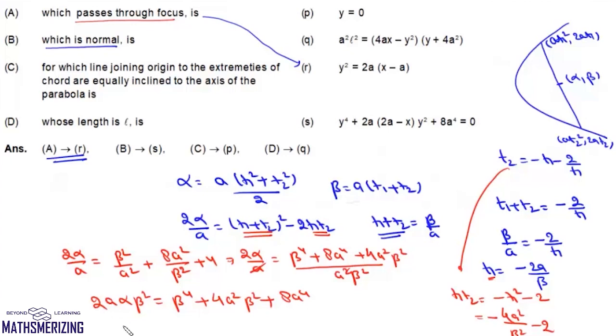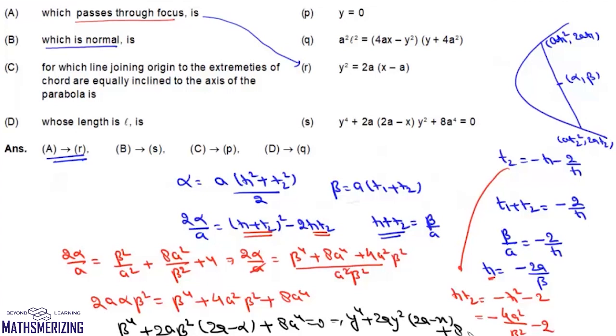Then we can write this equation as beta to the power 4, and then we'll take 2a beta square common, and we'll get 2a minus alpha, plus 8a to the power 4 equals 0. Now in the end we'll replace beta with y and alpha with x. So this equation will be y to the power 4 plus 2a y square (2a minus x) plus 8a to the power 4 equals 0, and that's your option S. So that means B is matched to S.